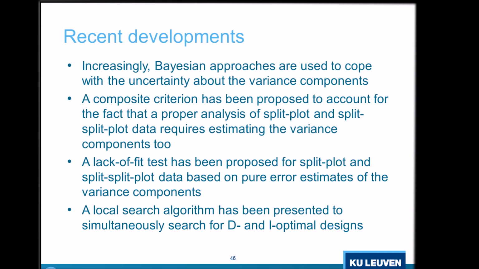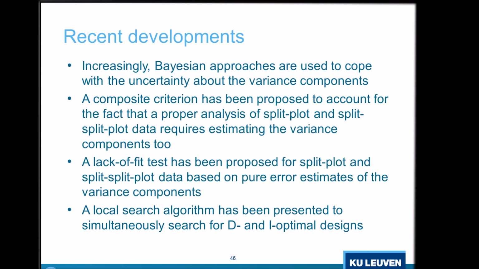First of all, one weakness of the work that we did in the past is that the optimal designs depend on the V matrix, depend on the variance components, and what we did is we just assumed that all the variance components are equal. That works well in practice.